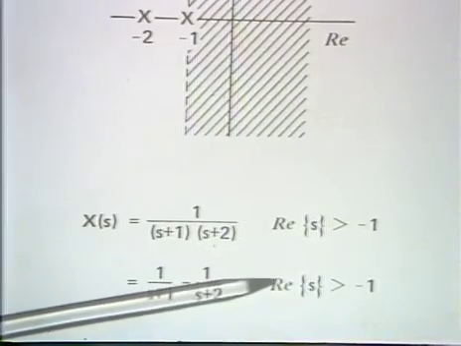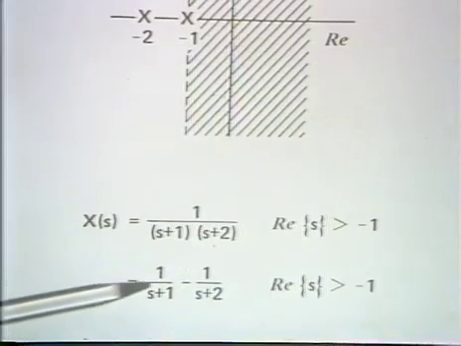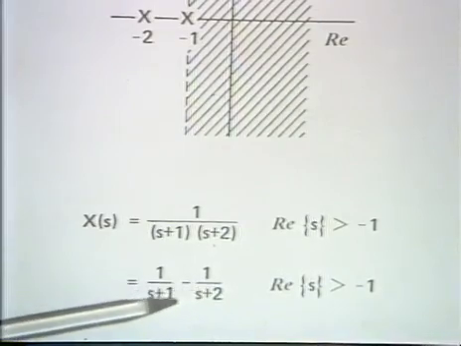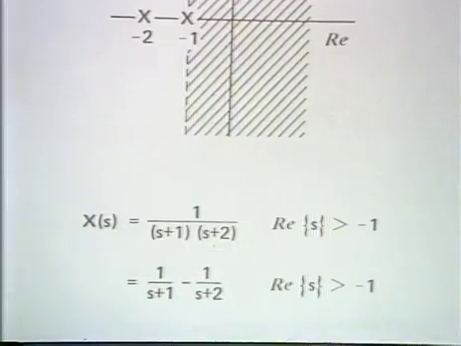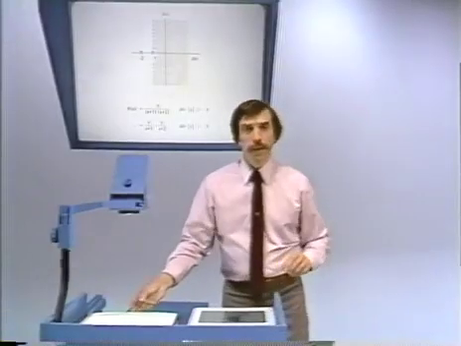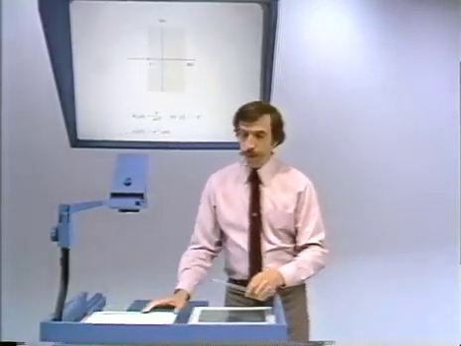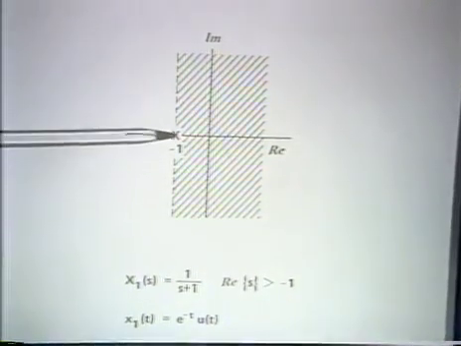Recognizing that this is to the right of the poles tells us immediately that each of these two would correspond to the Laplace transform of a right-sided time function. Well, let's look at it term by term. The first term is the factor 1 over s plus 1 with a region of convergence to the right of this pole.